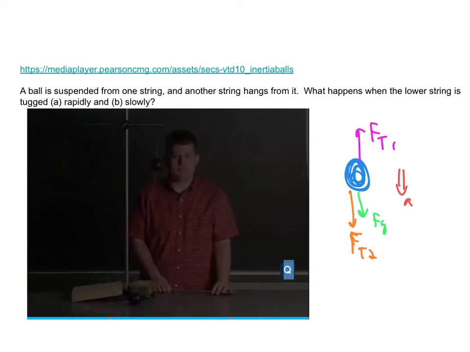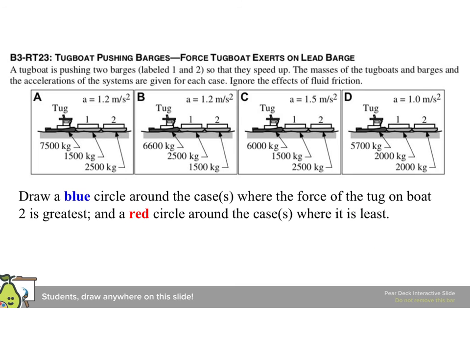If the tension in the string is too large, then it will break before the ball can start moving. But if we pull gently with FT2, then it's just going to increase what FT1 has to be to hold in place, but eventually that will exceed what the upper string can handle, and so it will fail. So here the inertia of the ball matters because its tendency to not accelerate controls the size of the forces that are going to go into it.